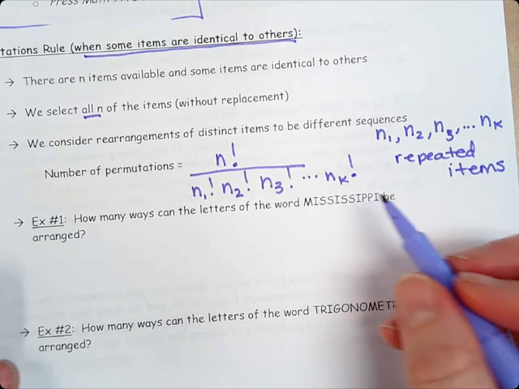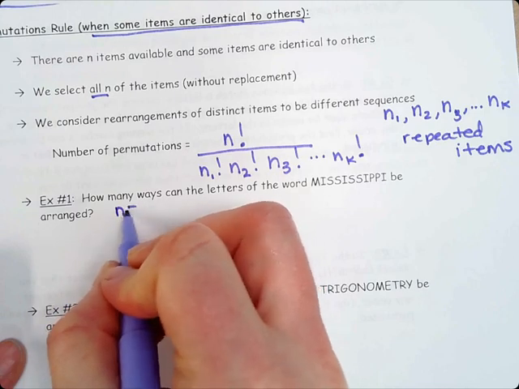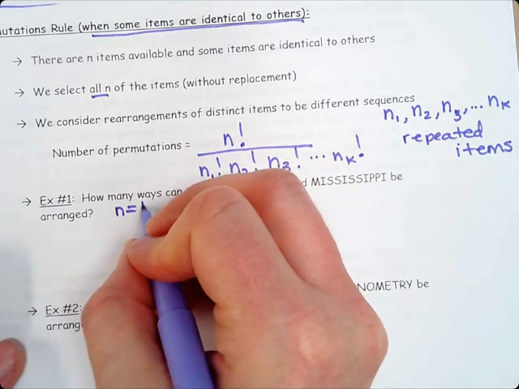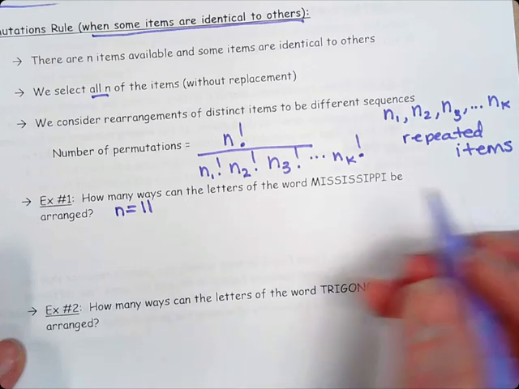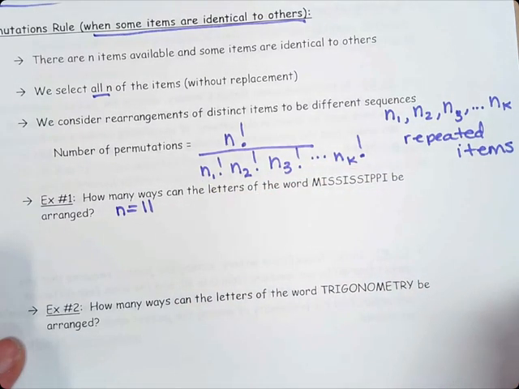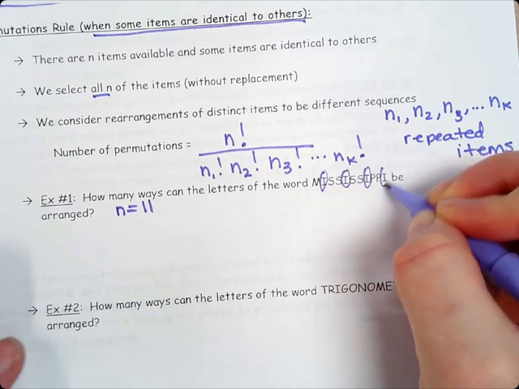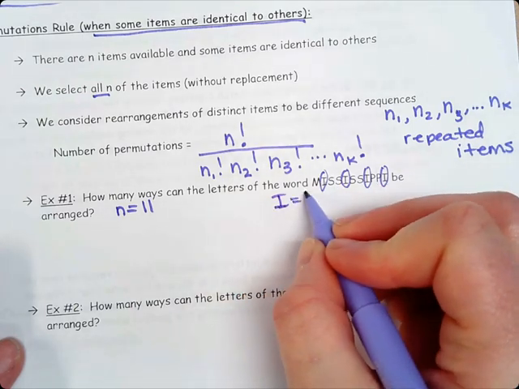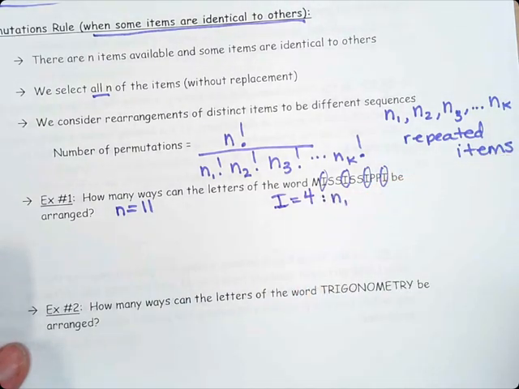So our example with Mississippi, how many total letters do we have? 11? Yeah, there's 11. And then we would look and see what our n1, n2, n3 are, which actually there's only 3. Which ones are repeated? I is a repeat. And it's repeated 4 times. So 4 is going to be considered our n1.